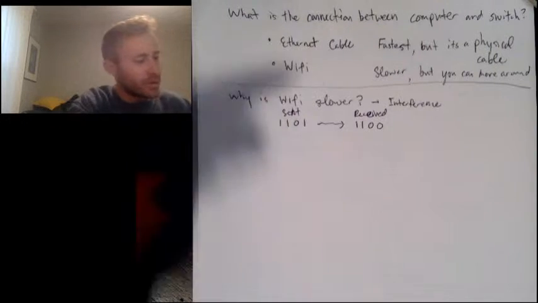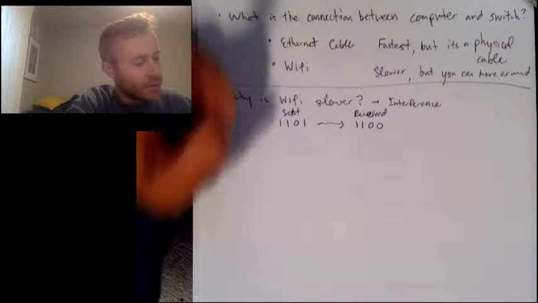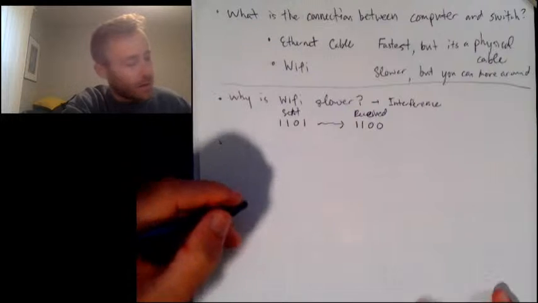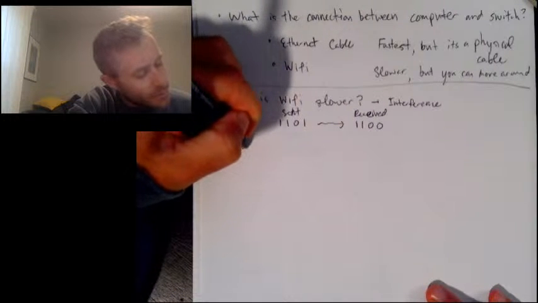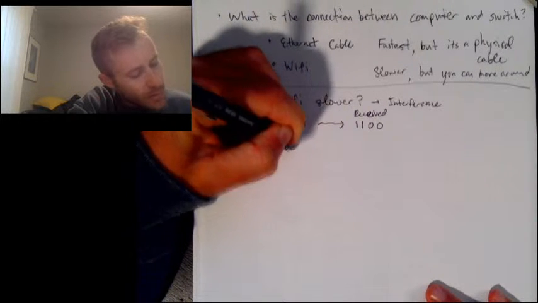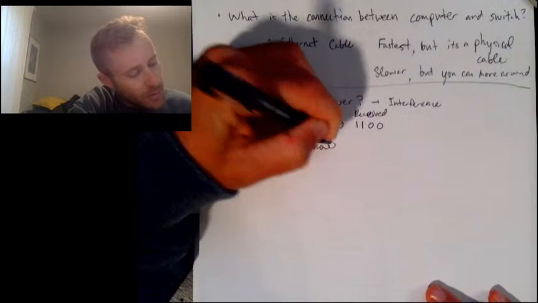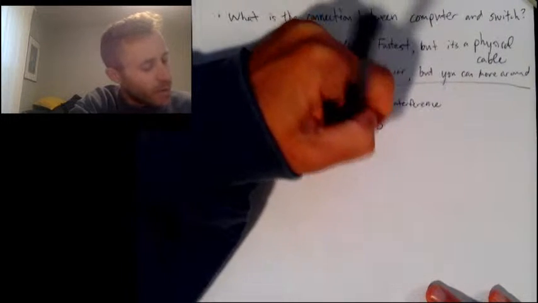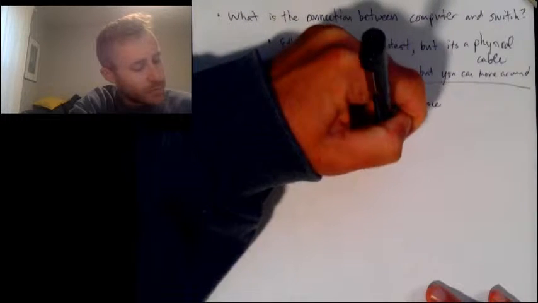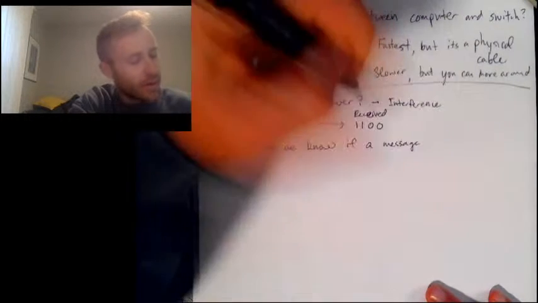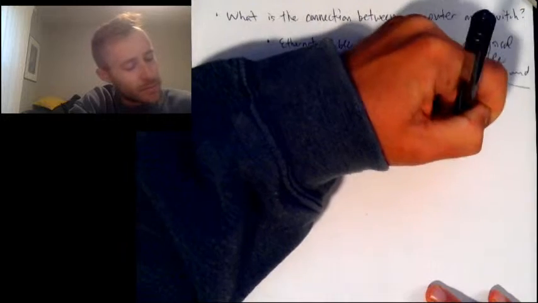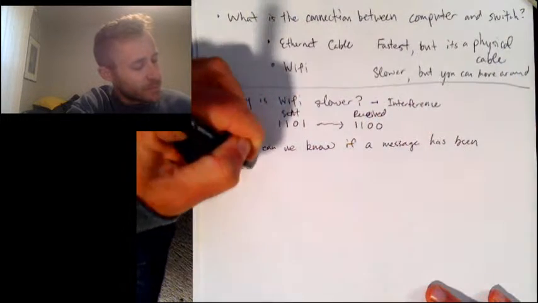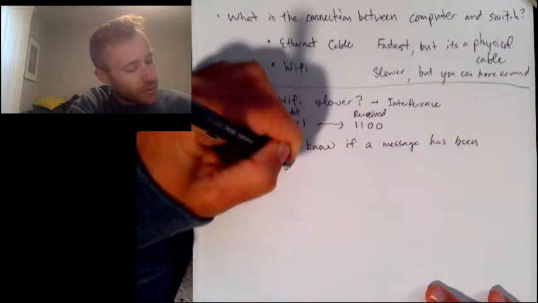So one of the things I wanted to talk about, and this is connected to your assignment for this week, is how can we know if a message has been distorted during transmission?